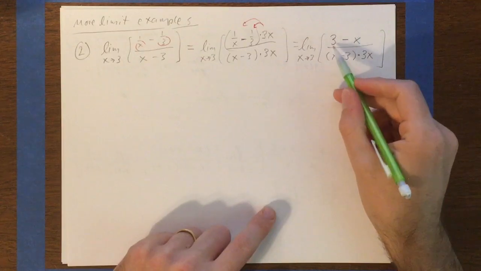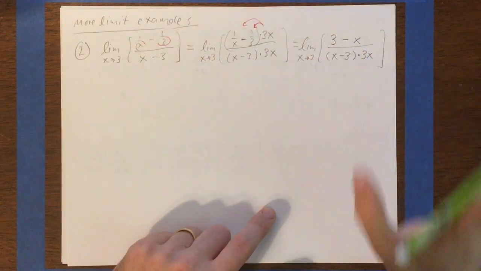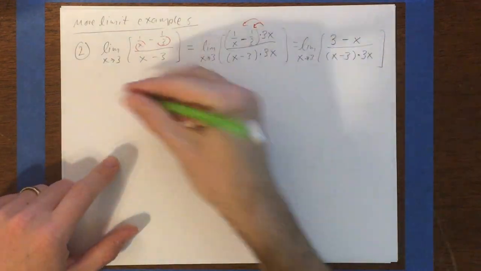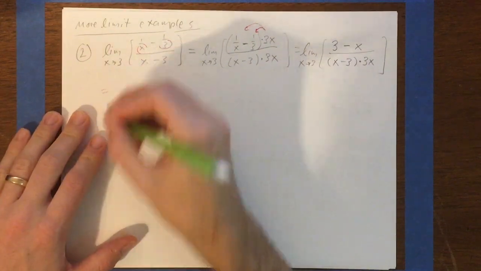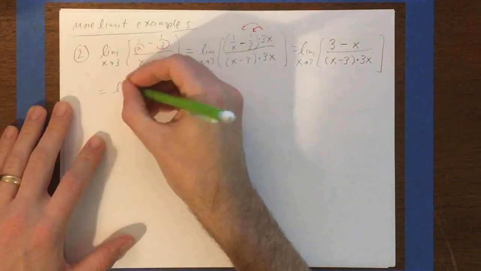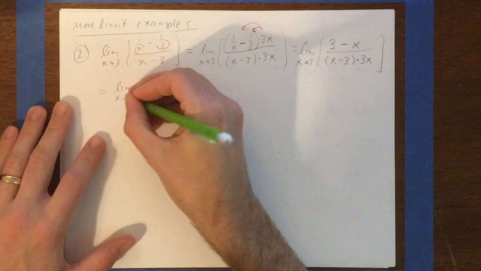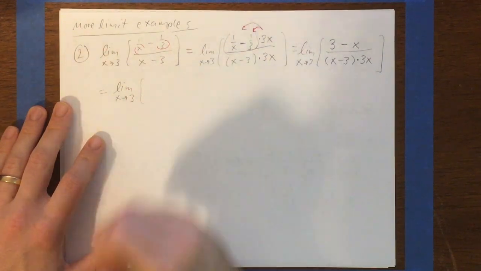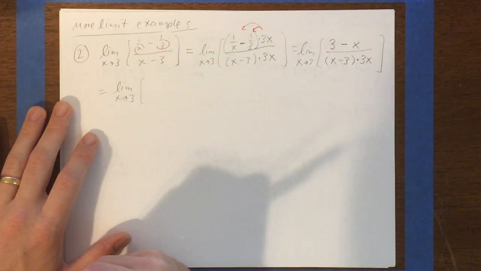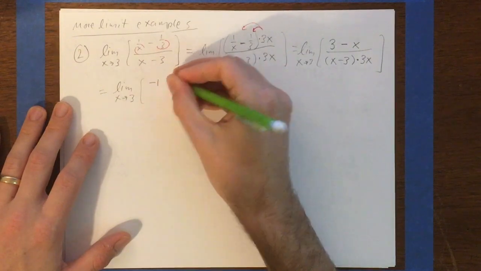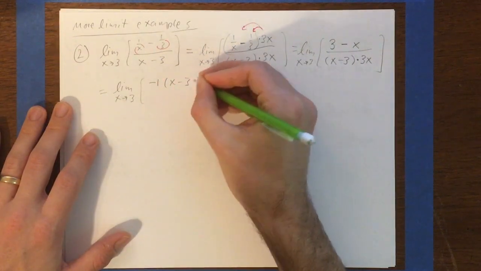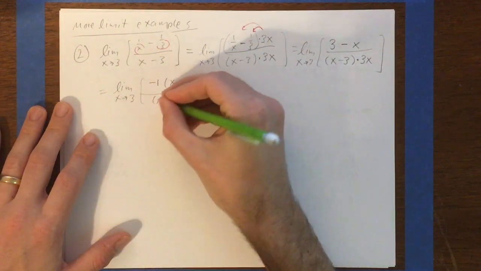You may see it already. You may see that we have 3 minus x and x minus 3, which are almost the same. They're different from one another because they are opposites. So they differ only by multiplying by -1. So I can factor out a -1 and get x minus 3 instead of 3 minus x up there.